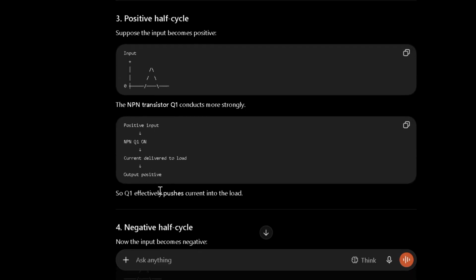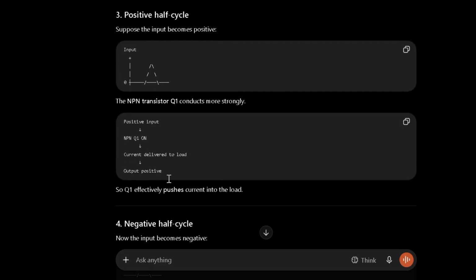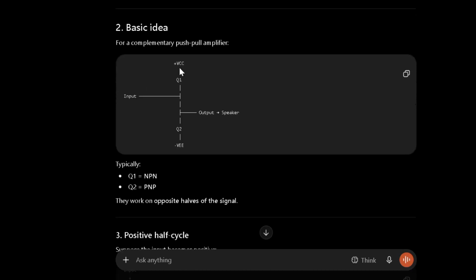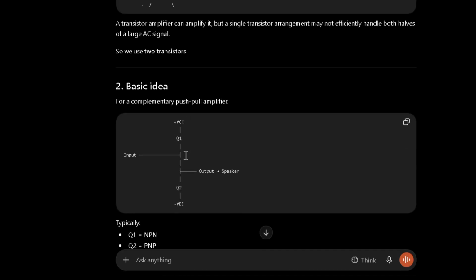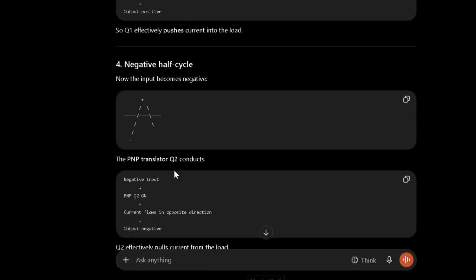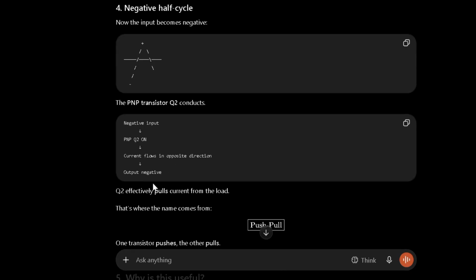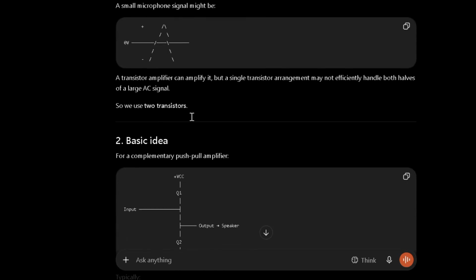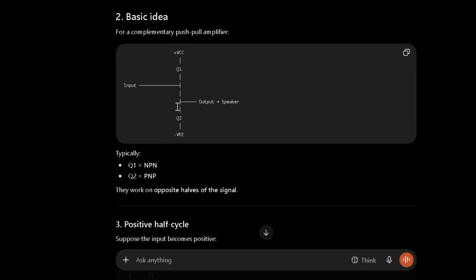Here Q2 is pulling, output negative. Q2 effectively pulls current from the load. That's where the names push and pull come from. Here it is pulling towards the load, and this is pushing. And the output goes to the speaker. So what's the problem here?